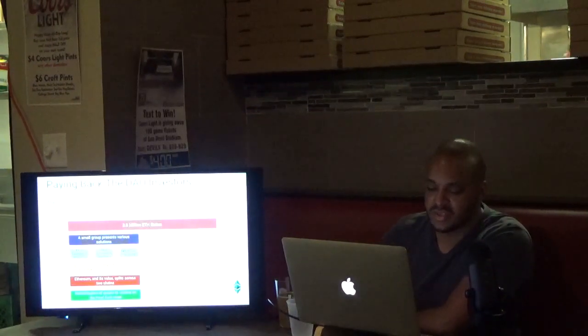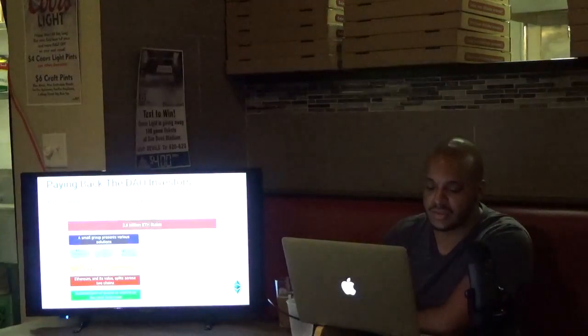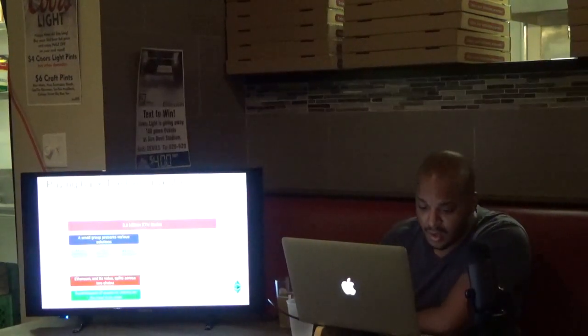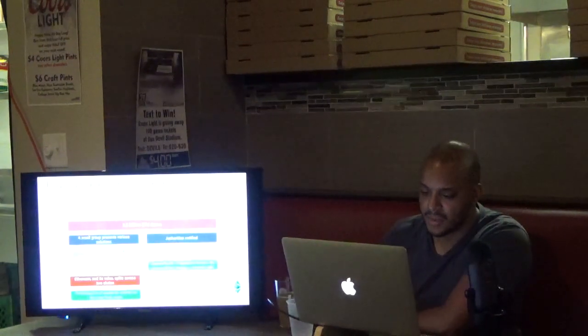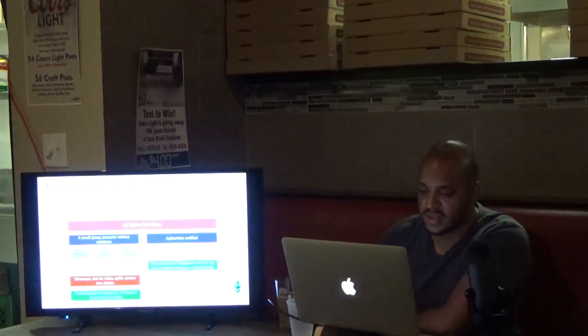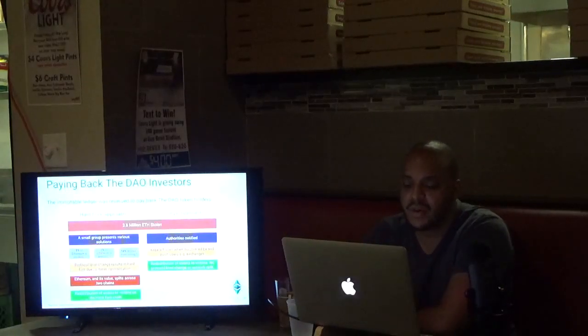This goes into a little bit more detail about some of the proposals that were presented to the community once the Ether were misappropriated. And they all had varying degrees of pros and cons and yes votes and no votes. Now, one of the things that was mentioned, and obviously hindsight is 20/20, is that there could have been a more legal approach taken when the hack happened.